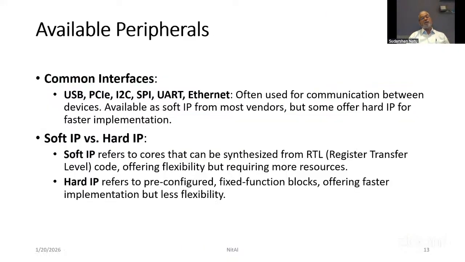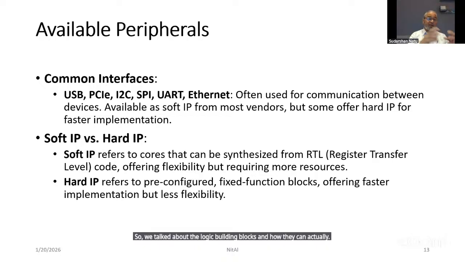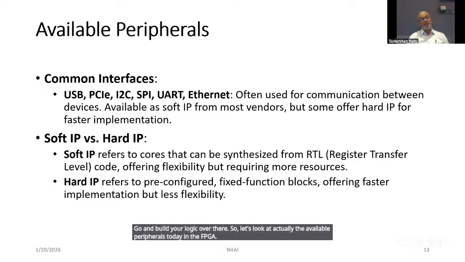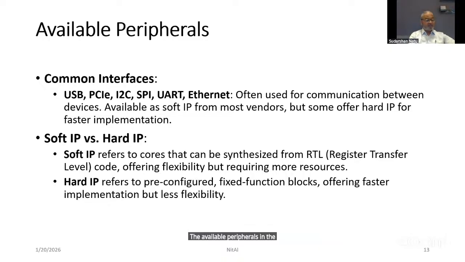So we talked about the logic building blocks and how they can go and build your logic. So let's look at the available peripherals today in the FPGA. The available peripherals in the FPGA building blocks are USB interface, PCI interface, UART, and there is also soft versus hard IP.